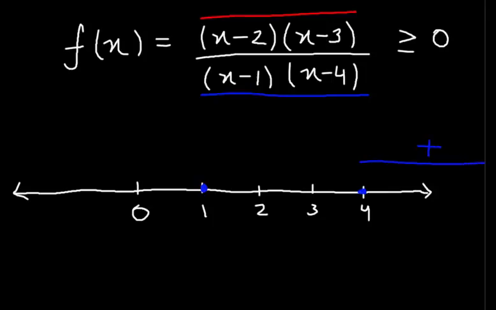Similarly, in this next interval from 1 to 4, one of the factors, which is x minus 1, is positive because that number is going to be on the right hand side of 1. But this factor, which is x minus 4, is going to be negative because the number that you consider in this interval is going to be on the left hand side of 4.